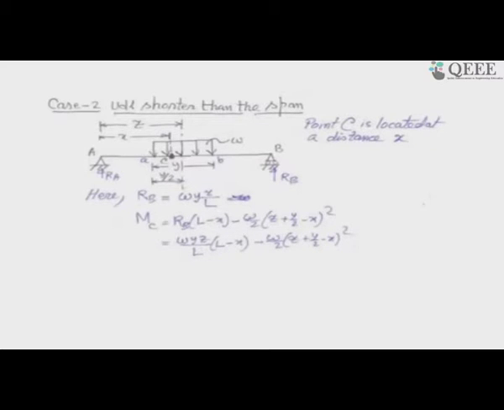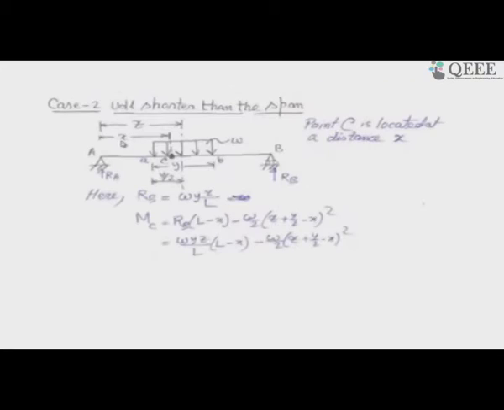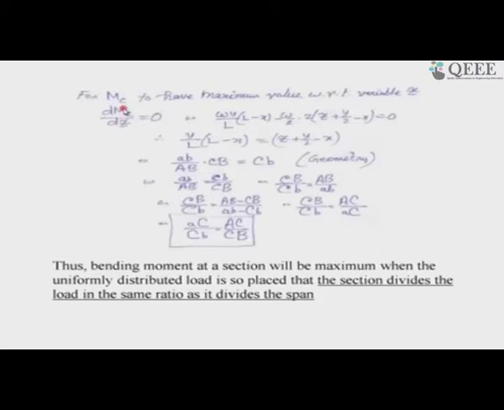Now, if I have to find out what makes this MC a maximum value with respect to the position z, which is the center of this loading, I must make the derivative dMC by dz equal to 0. If I do that, ultimately with a lot of manipulation, I will land up in a very important conclusion: the bending moment at a section will be maximum when the uniformly distributed load is so placed that the section divides the load in the same ratio as it divides the span.